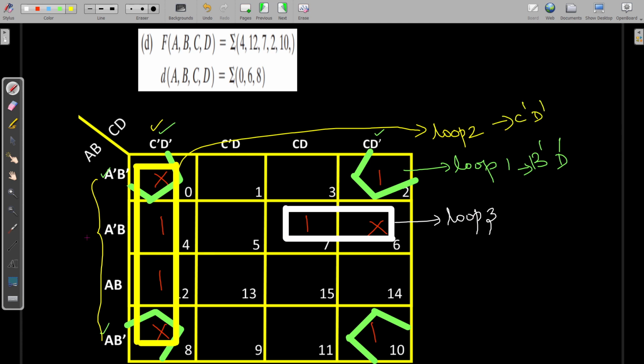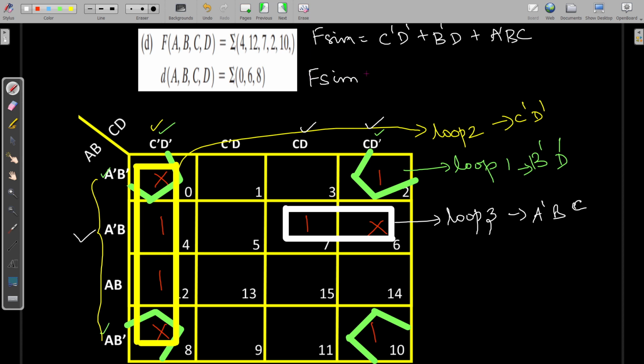Then for loop 3, it covers row wise this one and column wise these two. So the answer is A dash B, then here it is C. So the simplified expression, if you want, we can write it like this, as C dash D dash plus B dash D dash plus A dash B C. But the thing is, we need to write the minterms only, which was asked in the question, right?